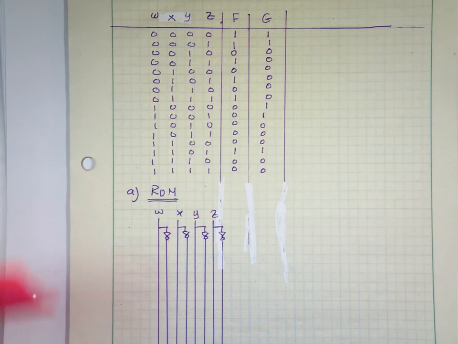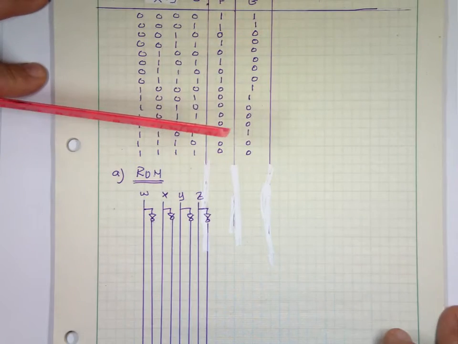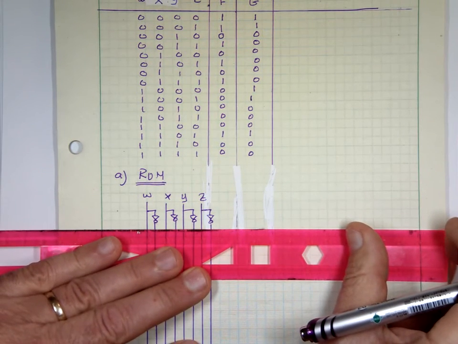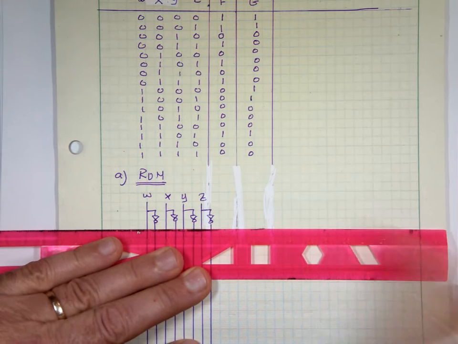And now we're going to list all the combinations. So I need to do 16 lines. That's with the ROM.